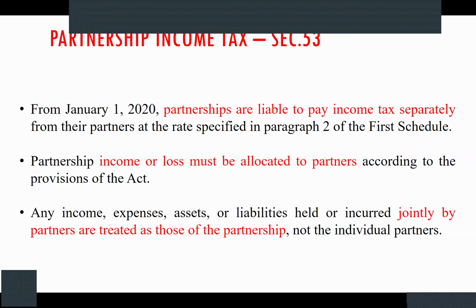The business income of that partnership should be allocated to partners, and investment income also should be allocated to each partner.